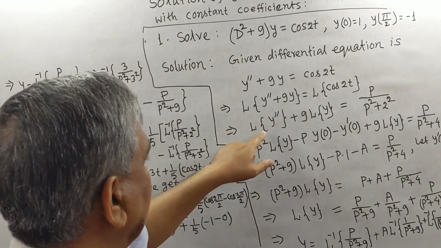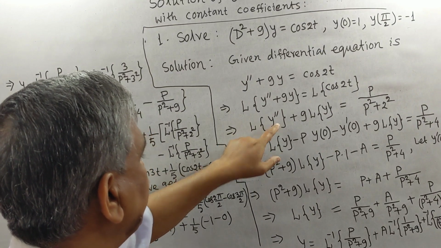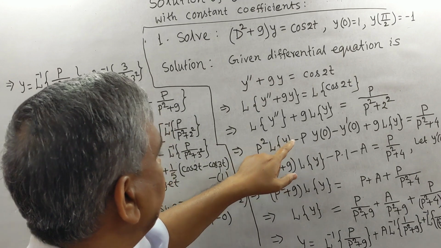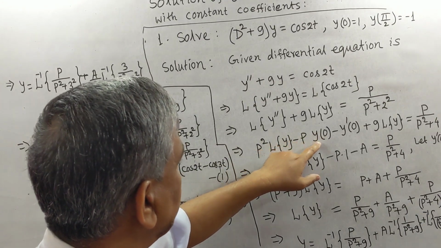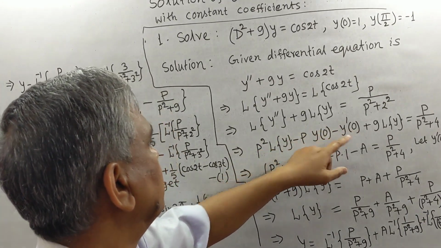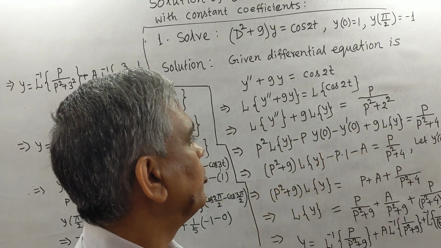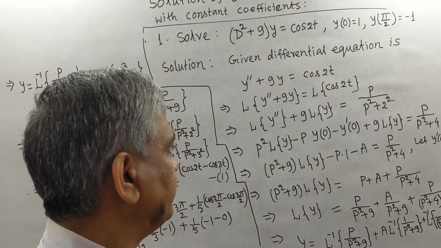Now Laplace transformation of double derivative is p square L[y] minus p y(0) minus y dash(0) plus 9 L[y]. Right side is the same.